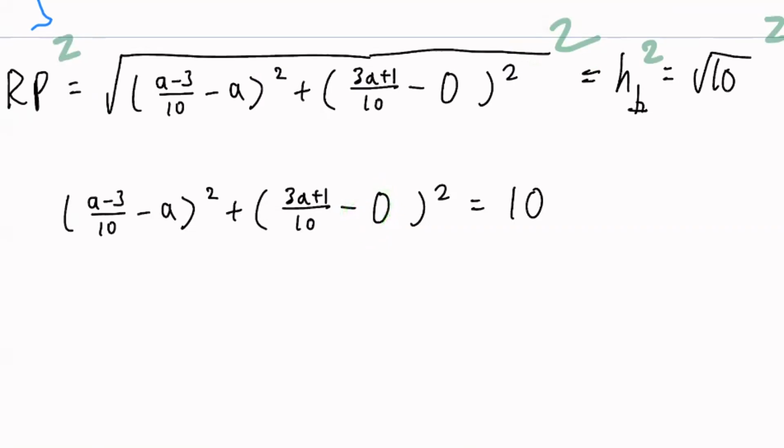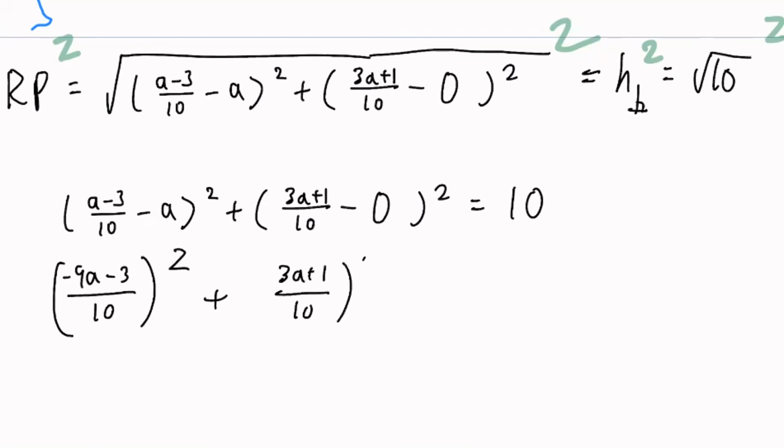Then let's continue and expand this. This is 10a over 10, so it becomes minus 9a minus 3 over 10, bracket square, plus the other guy minus 0, so it's just 3a plus 1 over 10 bracket square equals 10.